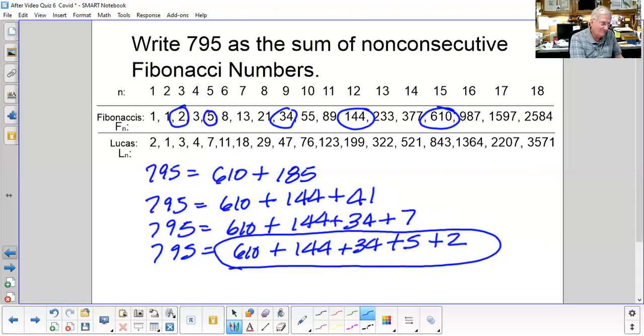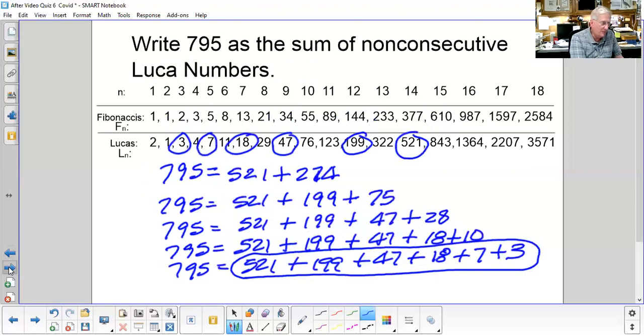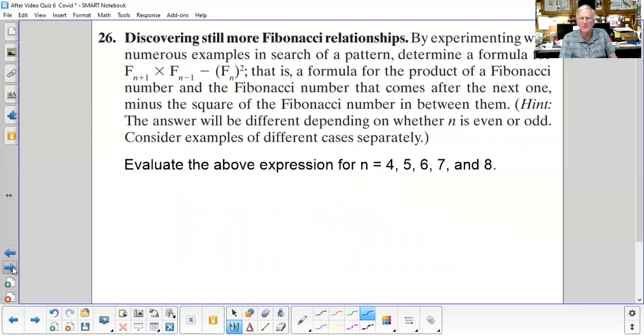All right, now we're going to get a little bit into the future of what I'm going to be doing in our next class. Discovering still more Fibonacci relationships by experimenting with various examples in search of a pattern. Determine a formula for f sub n plus 1 times f sub n minus 1 minus f sub n squared.